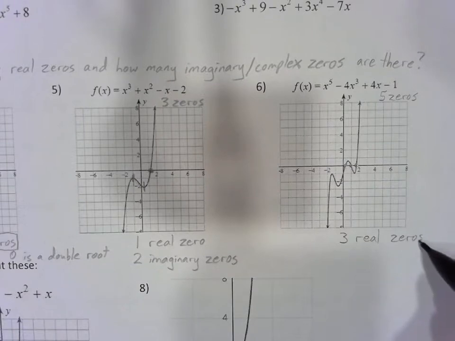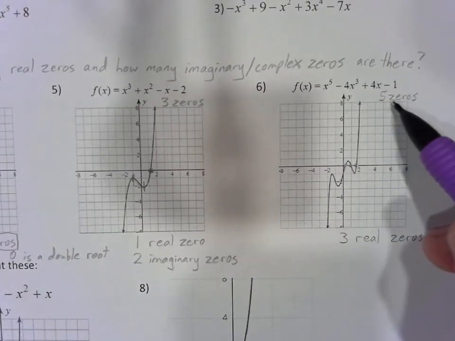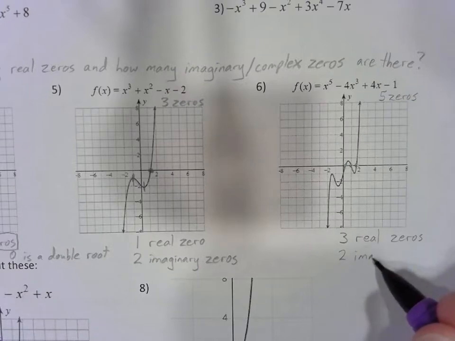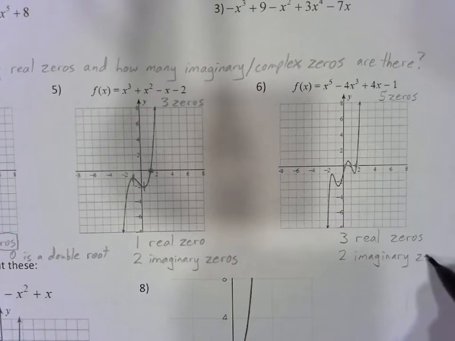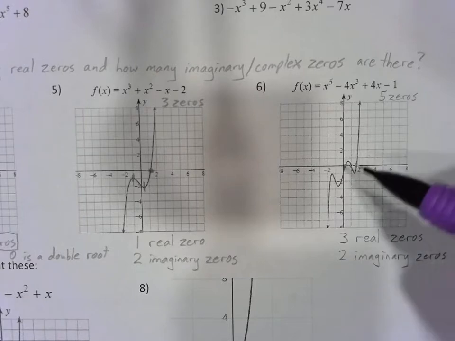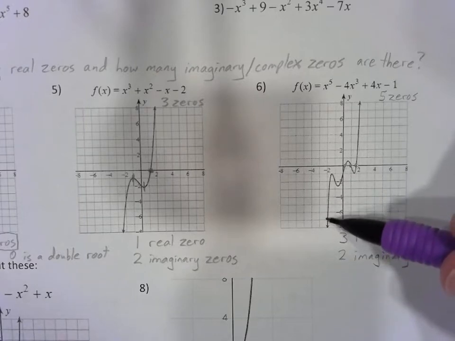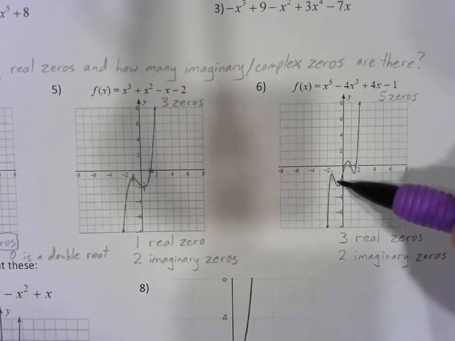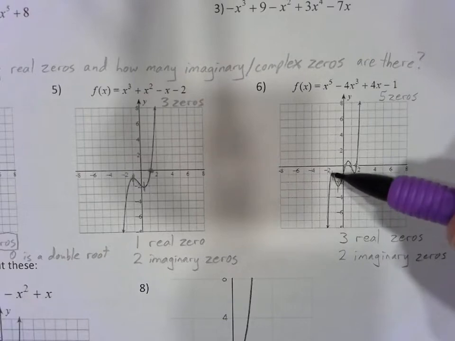But we need 5 zeros total. That means there are 2 imaginary zeros. If we look at our segments, we've got one that does not cross the x-axis, so there's an imaginary zero. Comes back down, does not cross the x-axis, there's a second imaginary zero.